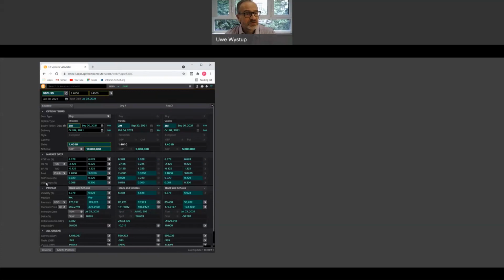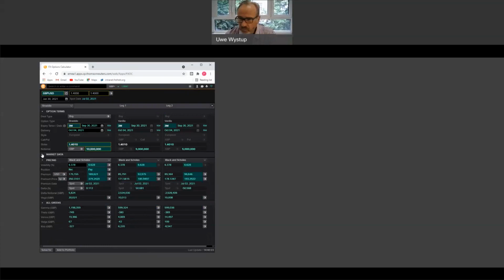The forward points, I don't want points, I want the rate. So the forward rate, as you can see here, is 140.03, and the at-the-money strike that I can calculate is 140.10, so it is bigger than the forward. That's to be expected. It's not much, but it is bigger. So as a quick sanity check, it's not obviously wrong.